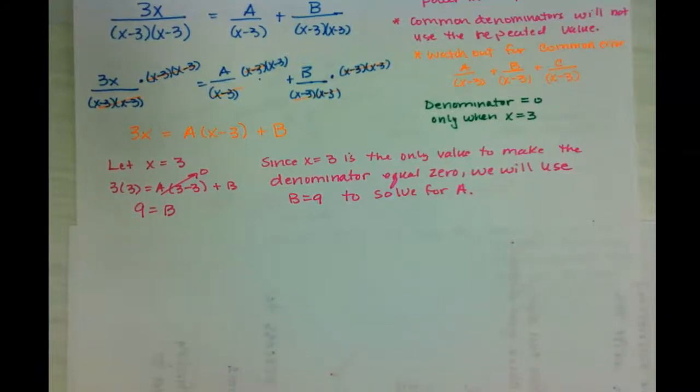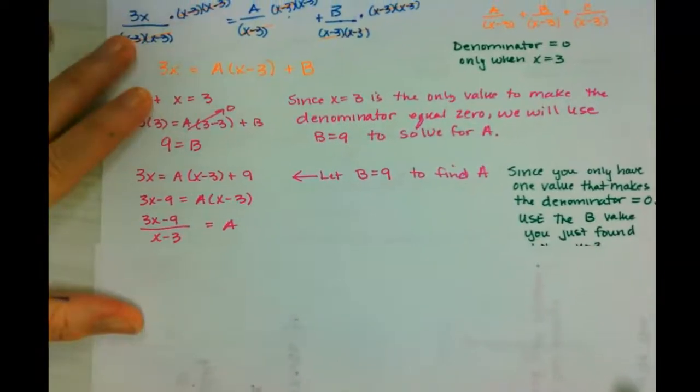So this is when it's kind of like a system. Remember when you solved a system, you'd solve for x, and then you take x and plug it back in and solve for y? Same thing here. We used our x to solve for our B, and now we're going to plug our B back in to solve for, not y, but A.